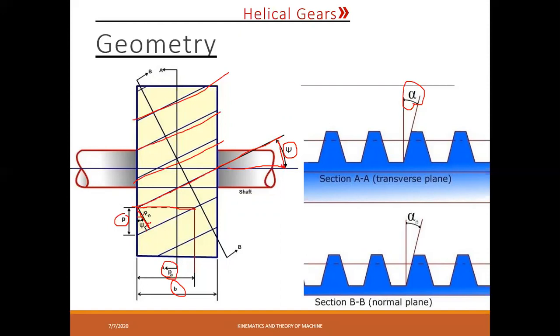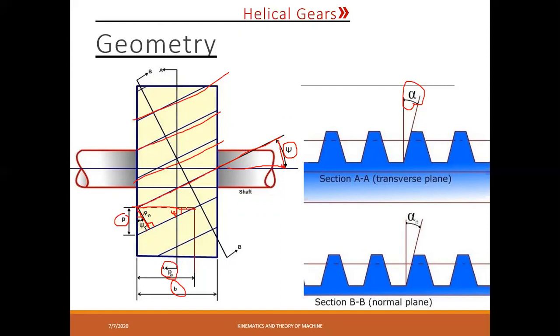This is the 90-degree angle. So this angle should be psi, right? Now the relation between Pn and this hypotenuse, means the opposite side to the hypotenuse, is the relation of sine, right?